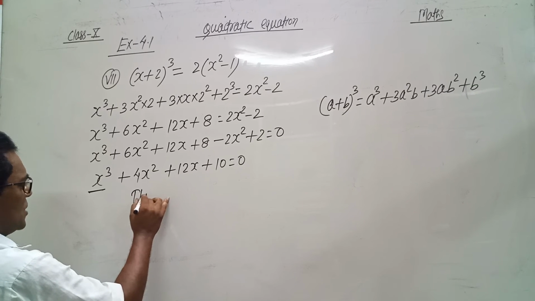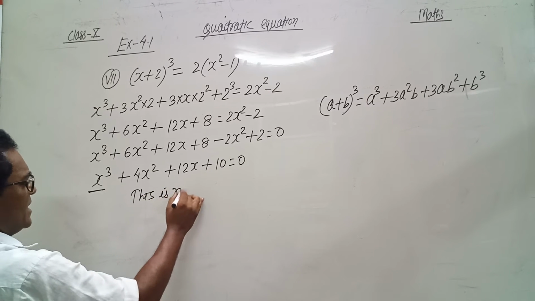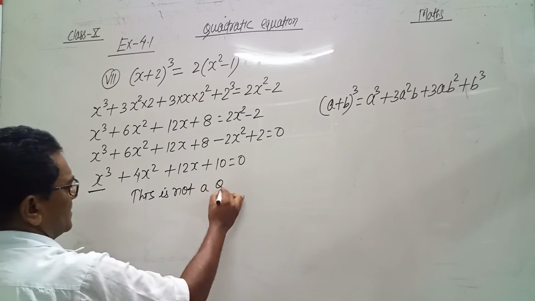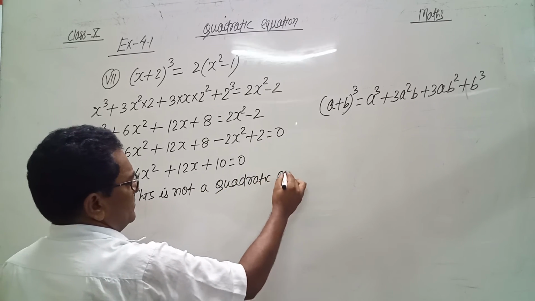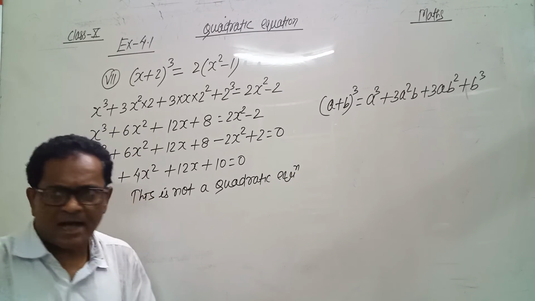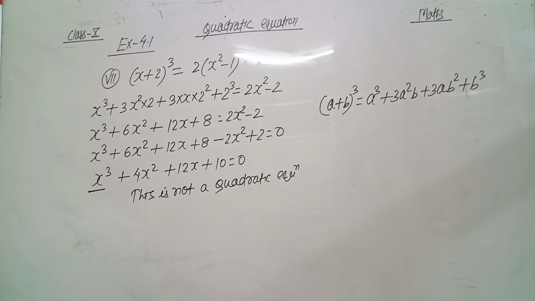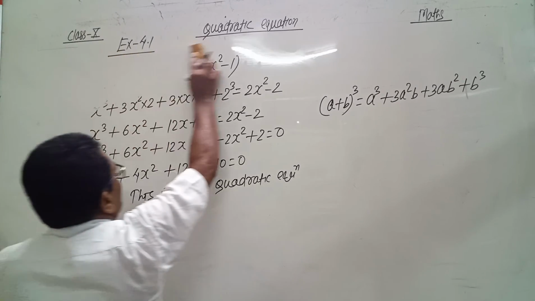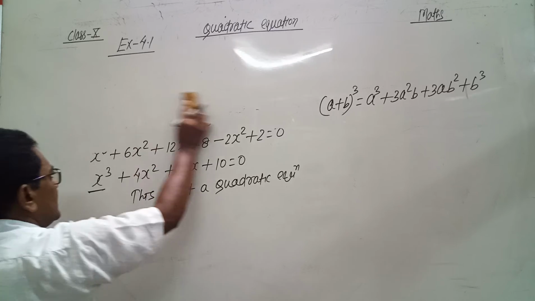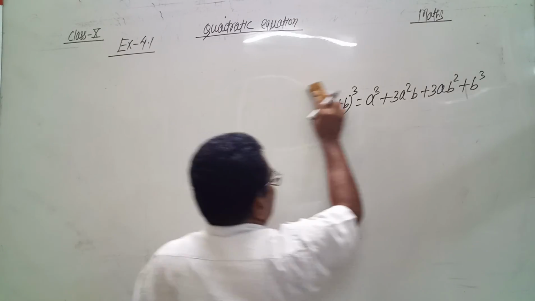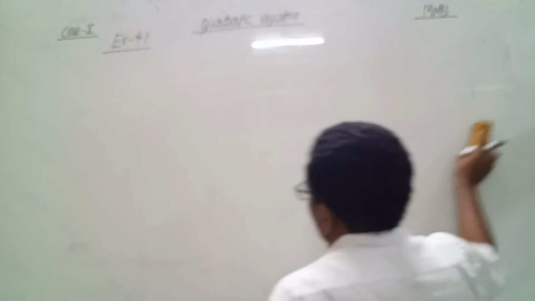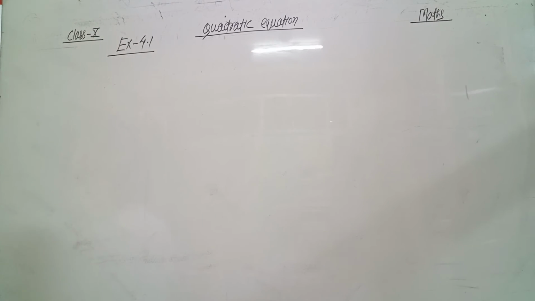So this is not a quadratic equation. This is not a quadratic equation because the highest power of x is 3 and the highest power of x should be 2 in a quadratic equation. x क्यूब का टर्म नहीं होना चाहिए, x4 का टर्म नहीं होना चाहिए, हाईएस्ट पावर x स्क्वायर ही होना चाहिए.